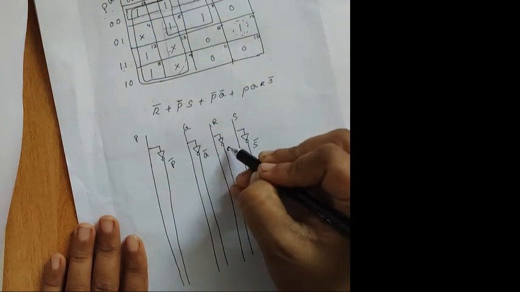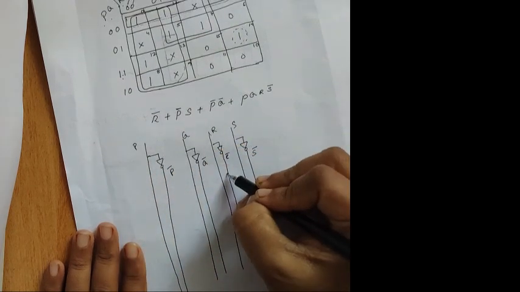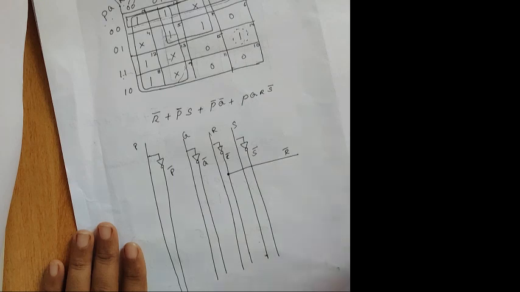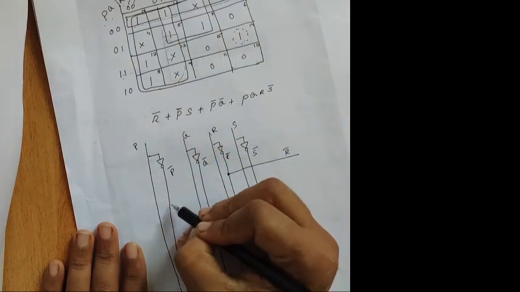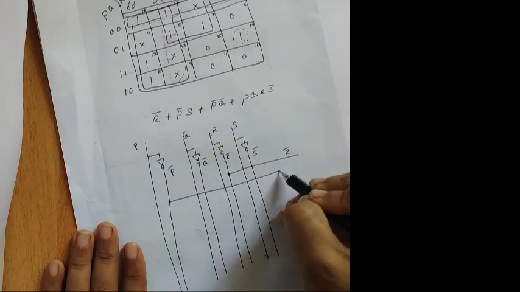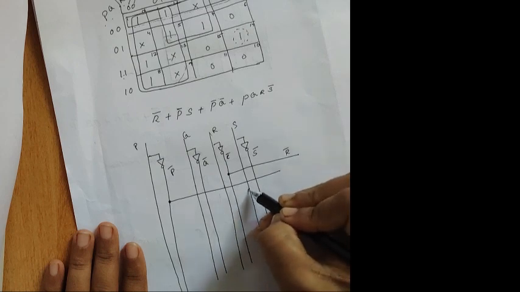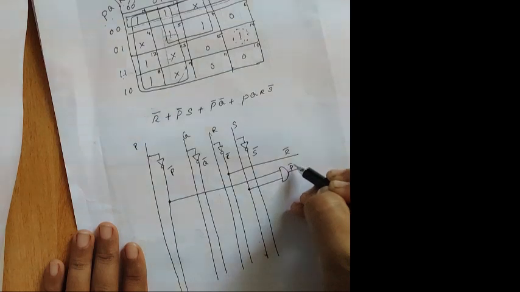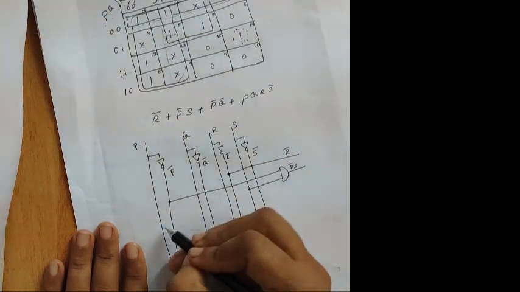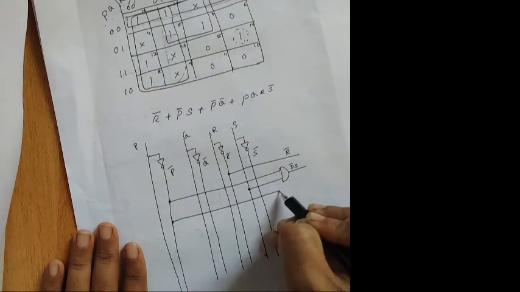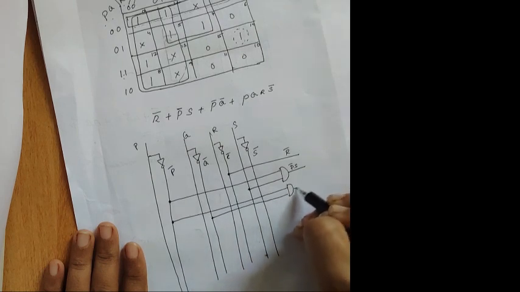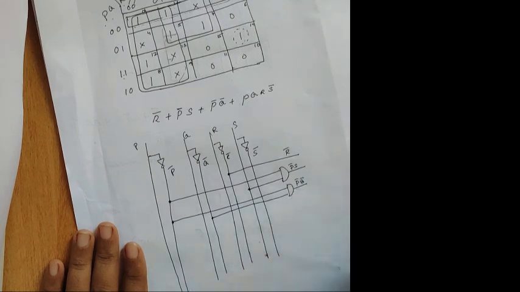Now your question you are getting, first one is R bar. So you can give directly a connection to R. This is R bar. And then you got P bar. So you're noting this and getting P bar, S. So that is ANDed. So your answer is P bar S. Next, P bar, Q bar. P bar, Q bar.